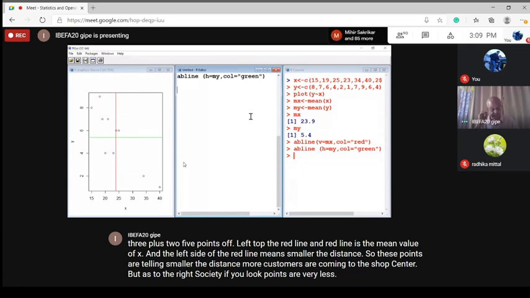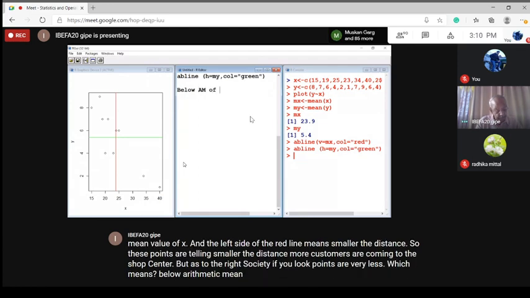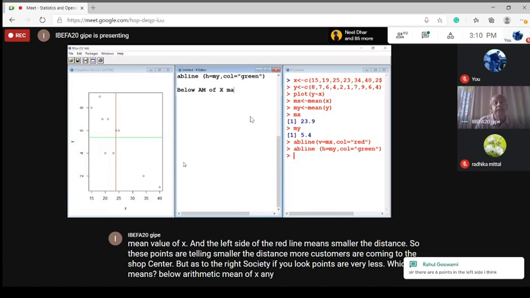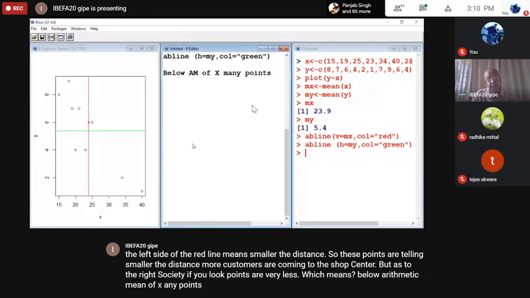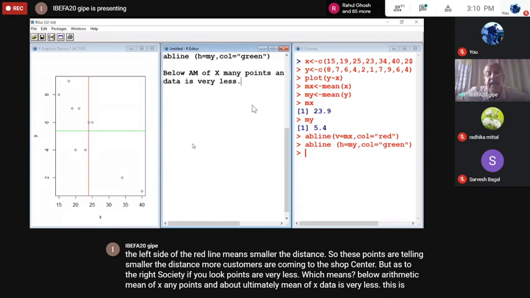Which means below the arithmetic mean of x, many points, and above the arithmetic mean of x, data is very less. This is the meaning of negative correlation.